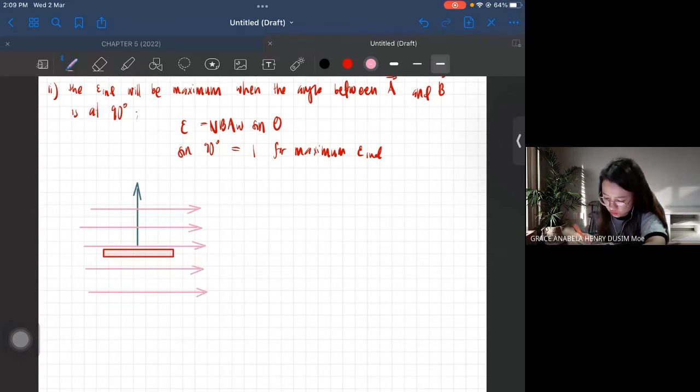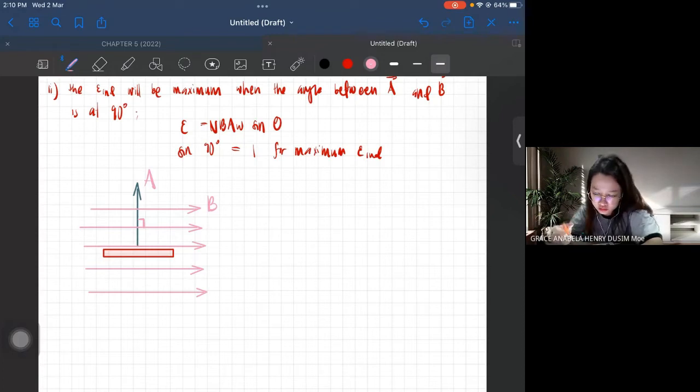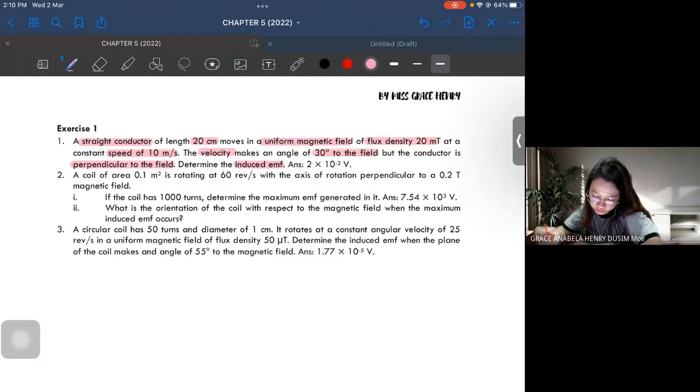So, kalau kamu lukis, this is our B, this is our area. So, it should be 90 degree lah. This is the orientation. Sebab dia tanya orientation kan? Yeah. Orientation of the coil with respect to the magnetic field. Boleh faham kah?